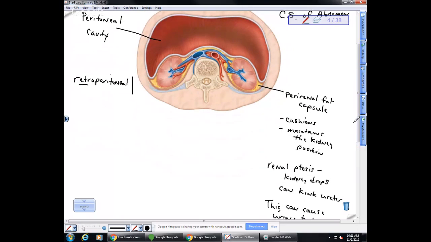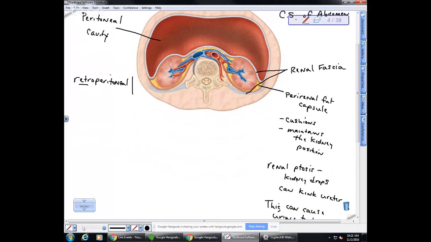We also see that there is some connective tissue here, and that is what we refer to as the renal fascia. This is the connective tissue, and it's on both sides. Remember that fascia is dense connective tissue. Then on the surface of the kidney, we have what is called the fibrous capsule.